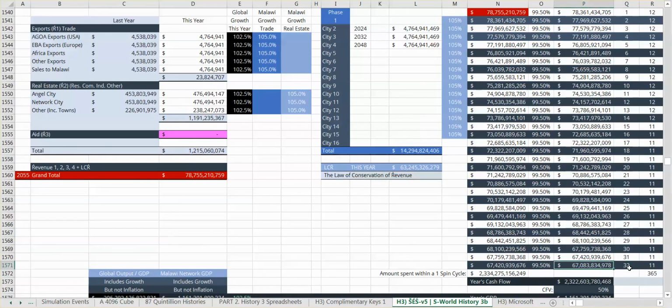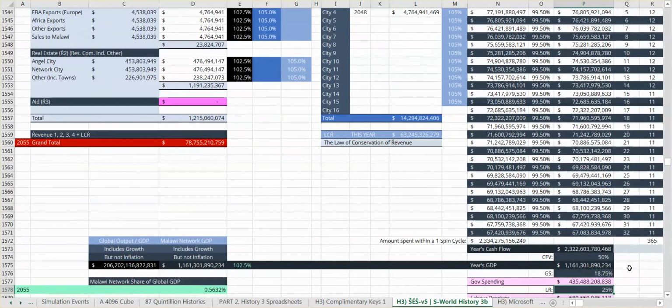At this point, cash flow is 2.3 trillion. GDP is potentially 1.1. That's 0.56% of global GDP.